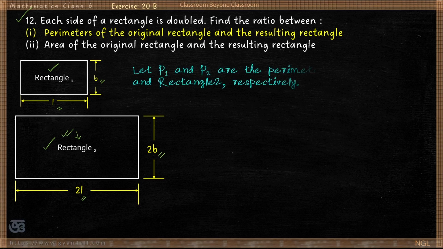Let P1 and P2 be the perimeters of rectangle 1 and rectangle 2 respectively.